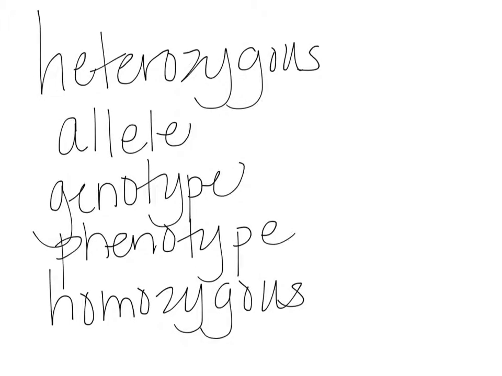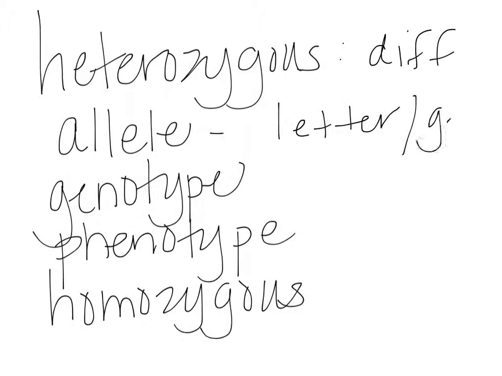Okay, so for now, these are the 5 vocabulary words that I really need you to know. Heterozygous, allele, genotype, phenotype, homozygous. Heterozygous, different size letter. Allele, the letter or gene that you get from your parent. Genotype, the two letter, or allele combination.